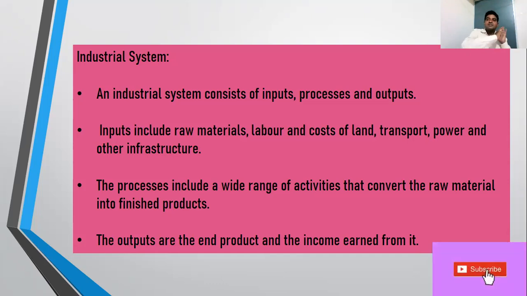Once all the processes are done, you get the final product outside. That is the final output, the end product we sell in the market and earn money from. So that is called an industrial system, the system which has 3 steps: input, process, and output.